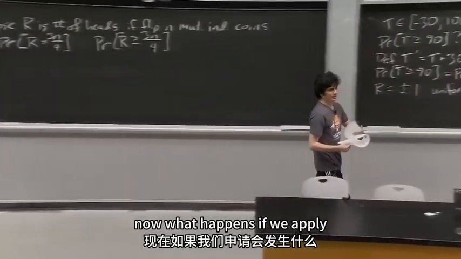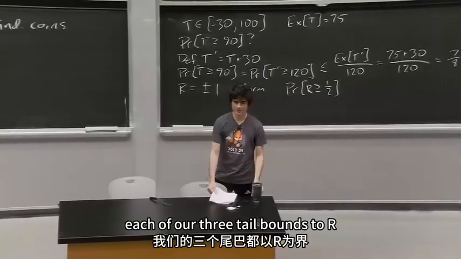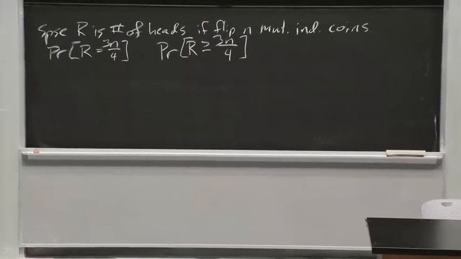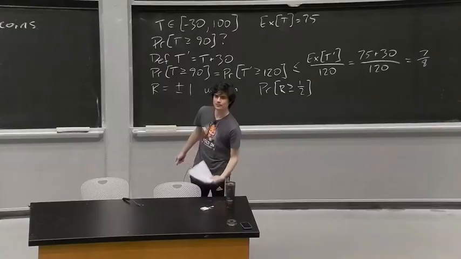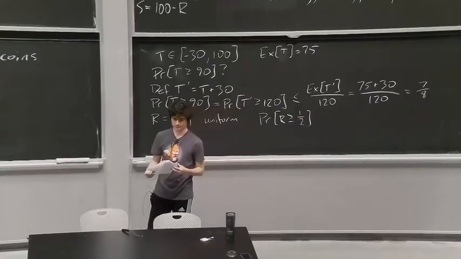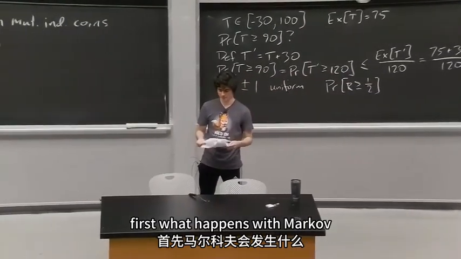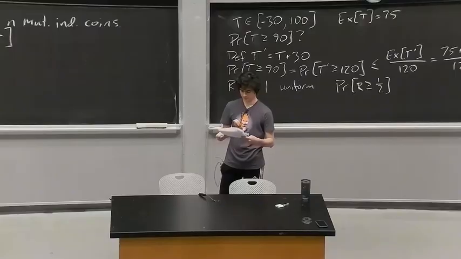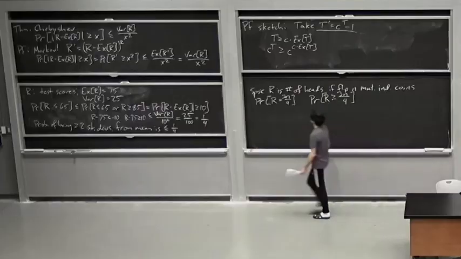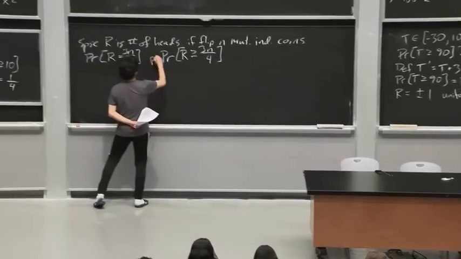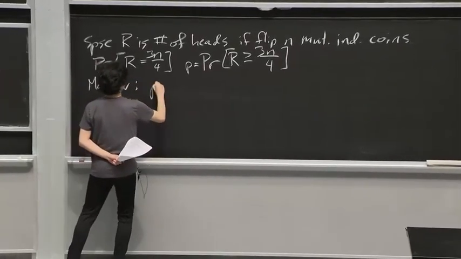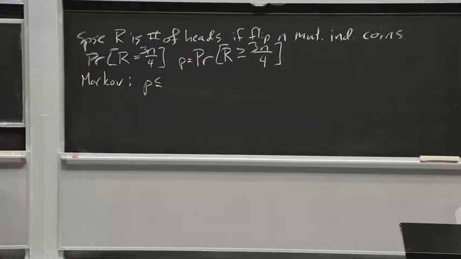Now, what happens if we apply each of our 3 tail bounds to R? Well, first, what happens with Markov? Let's call this P. P is at most what?